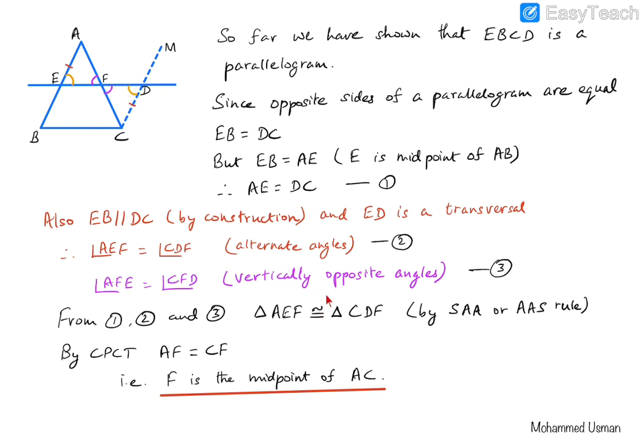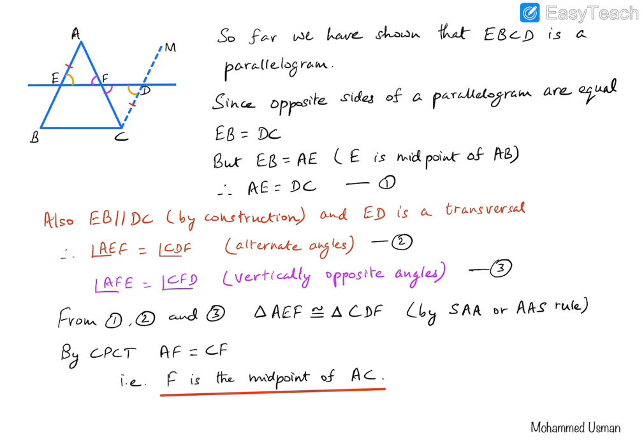Triangle AEF is congruent to CDF by the side angle rule, or angle side rule. Okay, SAA or AAS. Either way, you can go from left to right or right to left. If you're going from left to right, it is side angle. If you're going from right to left, it is angle side for this particular case. Okay, so it's SAA or AAS if you're looking at it.